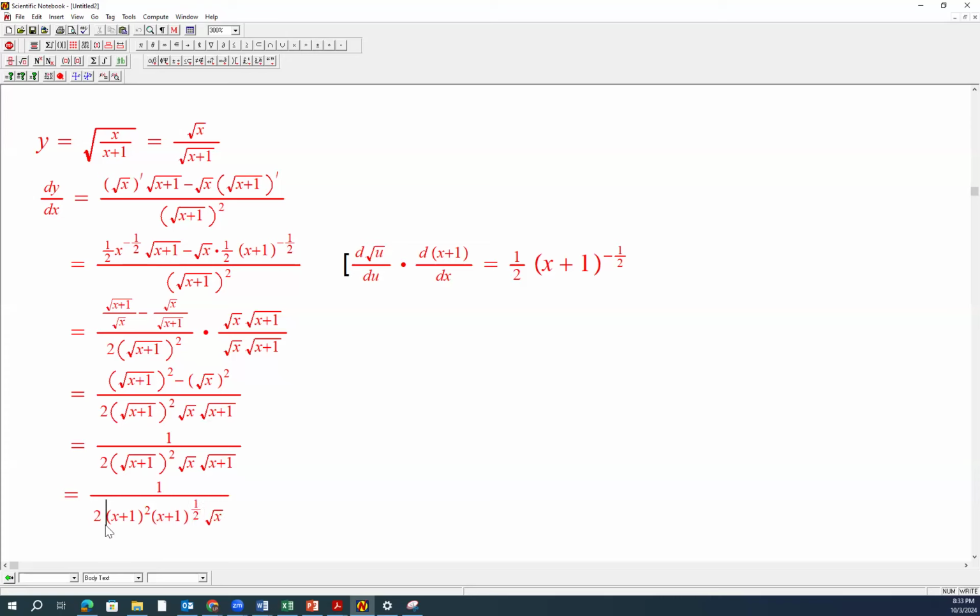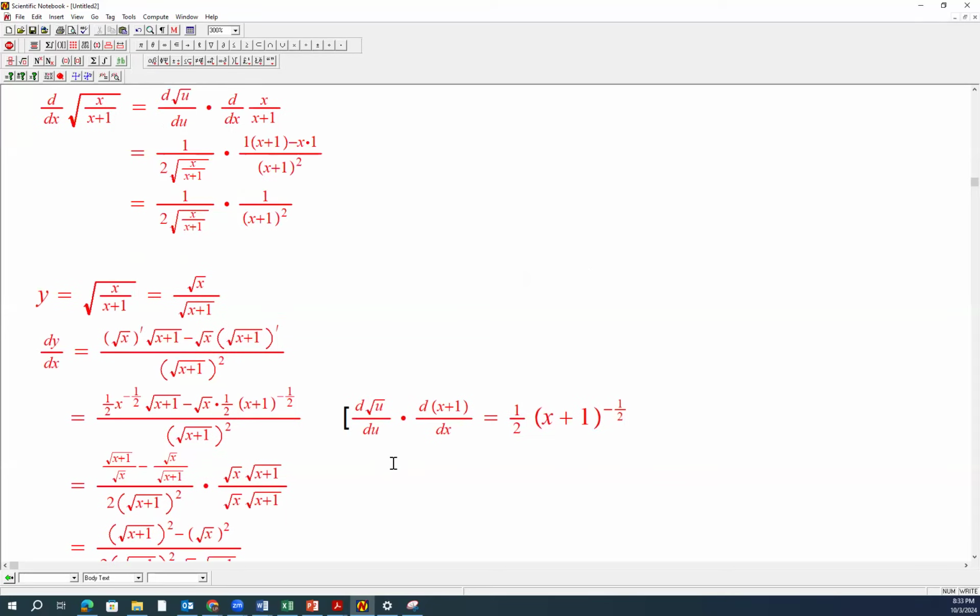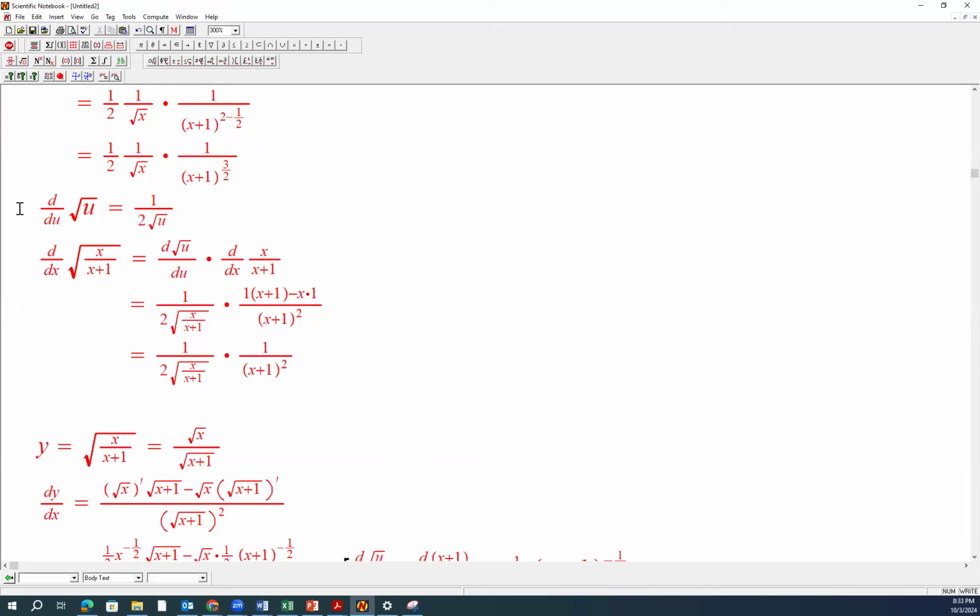They have the same base. Oh no, sorry, this is not squared. It is just x plus 1, because the square of root x plus 1 is x plus 1. So this power is 1, sorry. So 1 plus half is 3/2. Now I think they're the same.